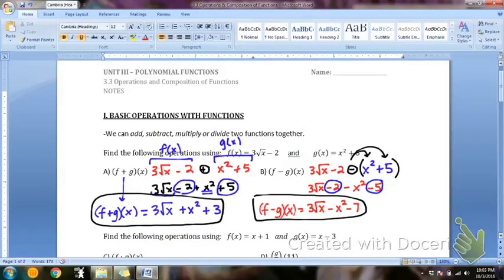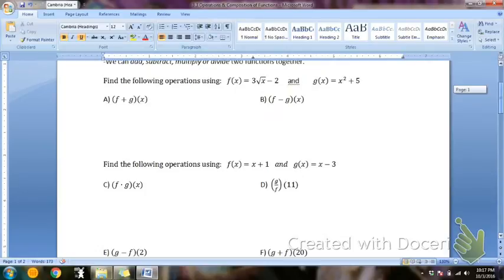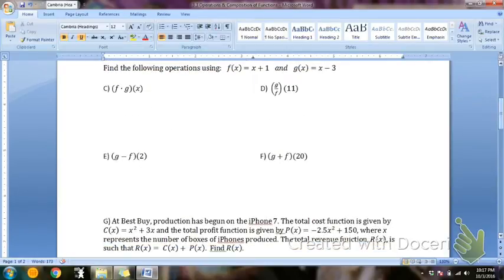So let's look at example C, my apologies. Example C says find the following operations using this f of x function, x plus 1, and g of x function, where g of x equals x minus 3. So if we look at example C, it says f times the g function.